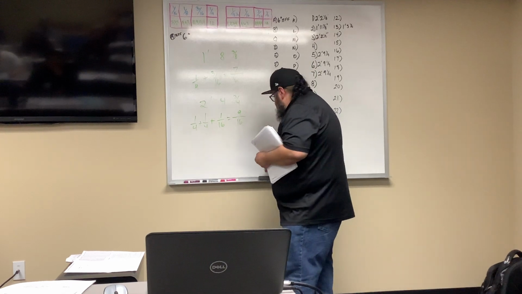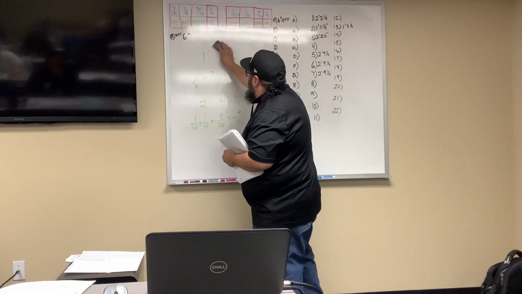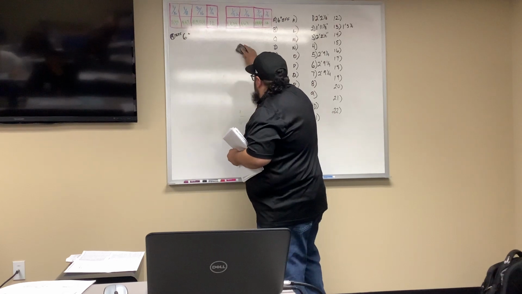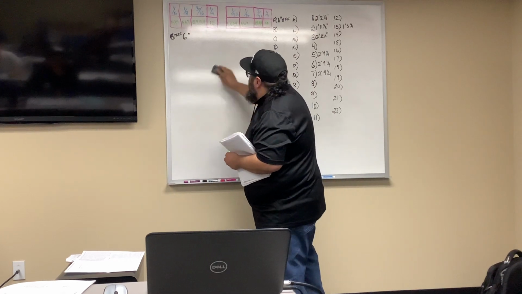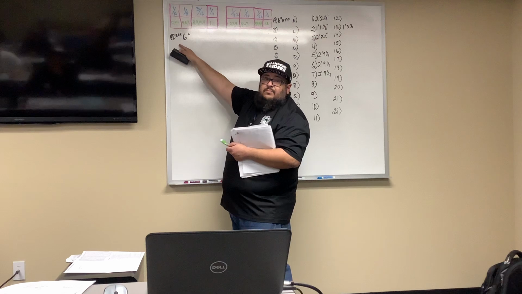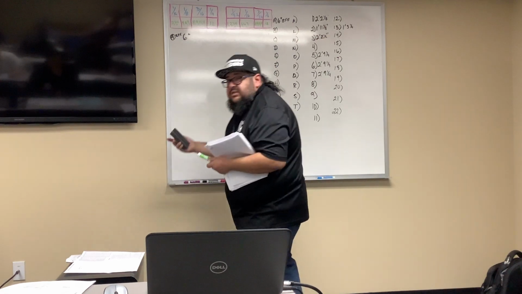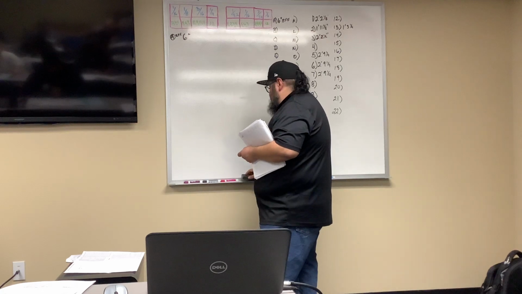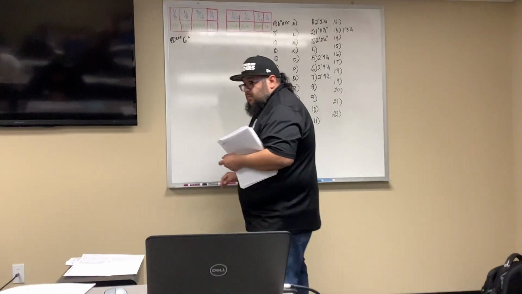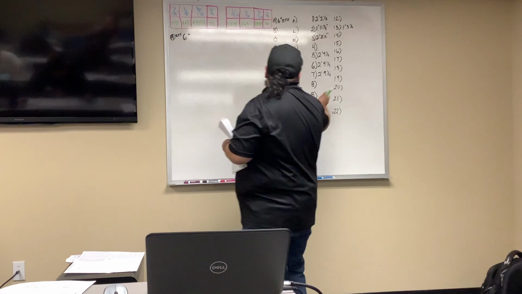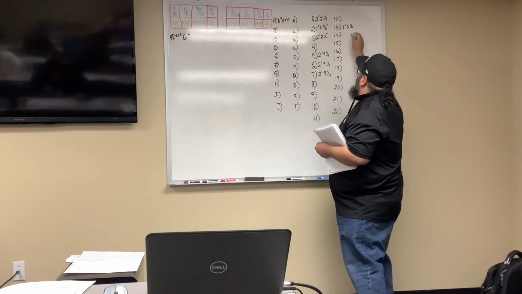Okay, so now let's go back to our problem. We're starting at A, but now we want to get to B. What's the length in between those two? 1.3 and a quarter, right? Number 13.